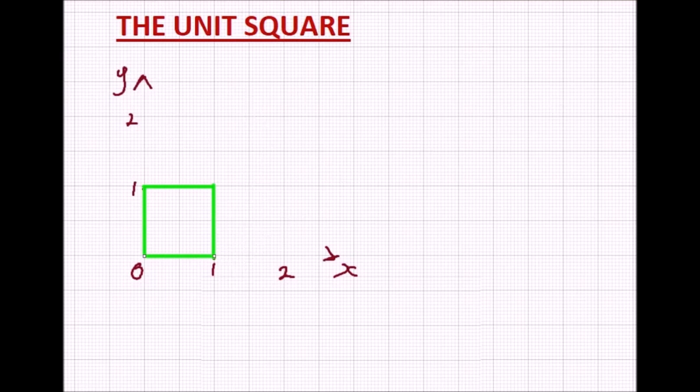We are going to name the vertices of our square. This we are going to give it I, capital I. This we are going to name it J, and this we are going to name it K. So we have the vertices, and of course we have the origin. So we have O, which is the origin. The coordinates of the origin, obviously, is 0, 0.